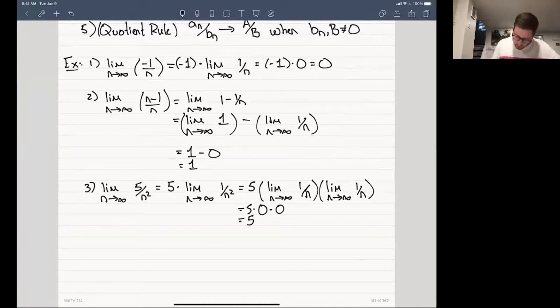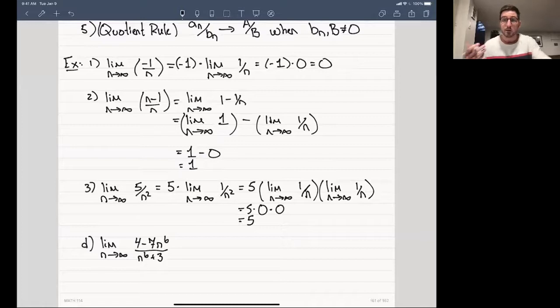Okay, let's do one more here. Let's do the limit as n goes to infinity of 4 minus 7 n to the power of 6, divided by n to the power of 6 plus 3. So you've probably done these types of quotients of polynomials with functions, and you remember there's a little trick that we do.